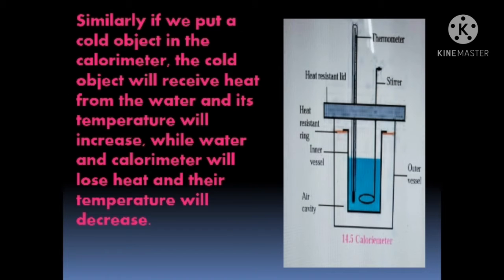Students, so what does it mean? In both cases, balancing of temperature is necessary, and that is what the calorimeter is all about. The calorimeter does both things. If the temperature of the object is more, it will give its heat to the water, and if the temperature of the water is more, it will give its heat to the object.